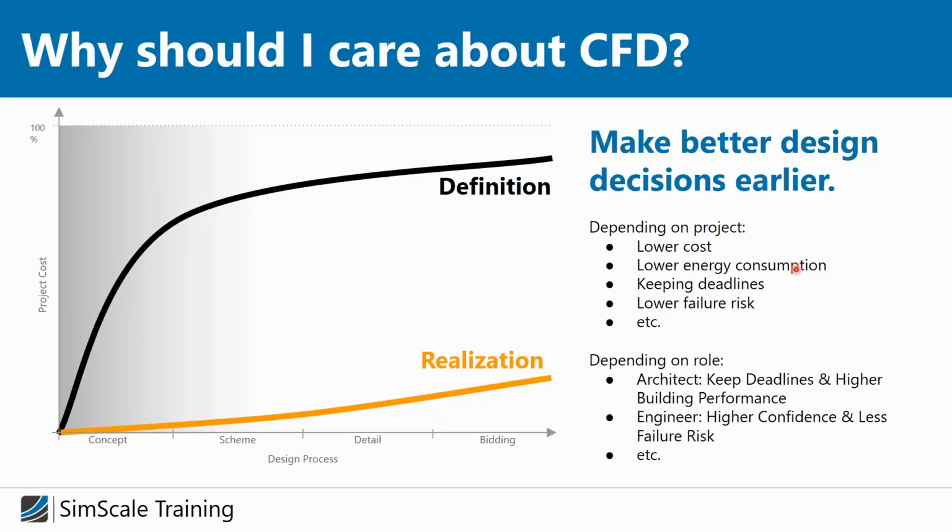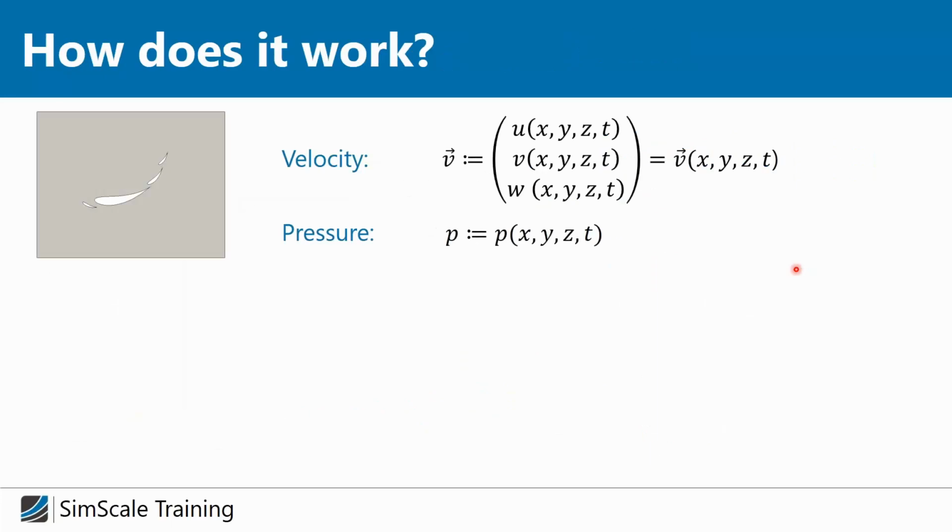It can not only be used by engineers, but also by architects, designers, and a lot of other people involved in the product development process. And since this webinar is very hands-on and is more about showing you what the possibilities are, we're not going to talk about mathematical or physical fundamentals in detail.